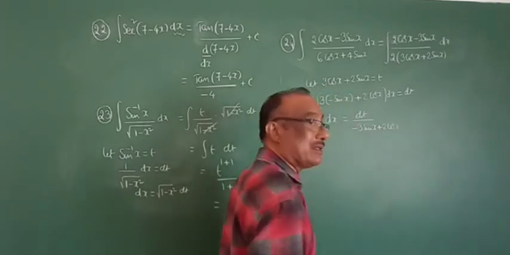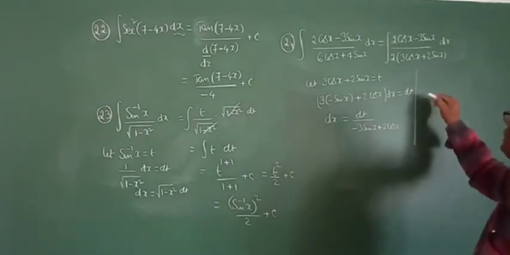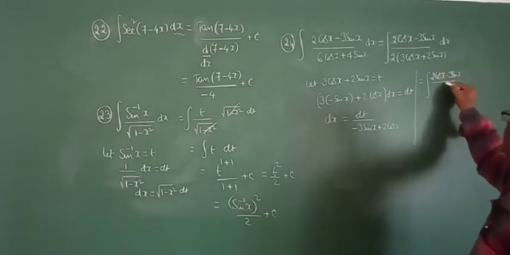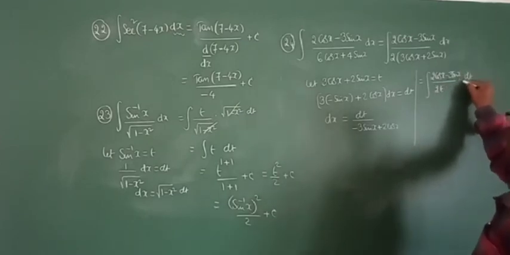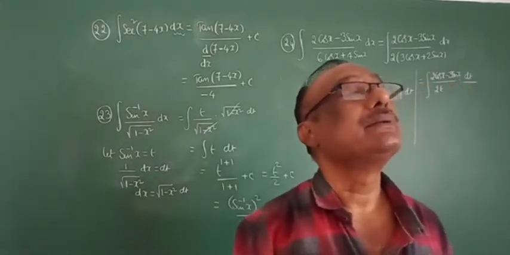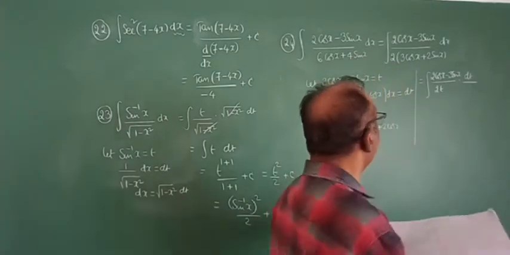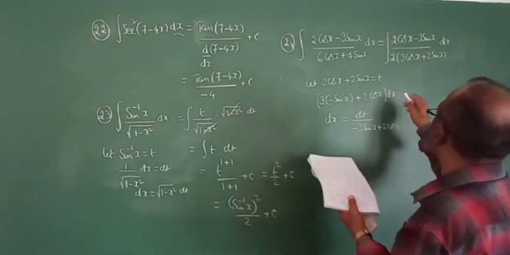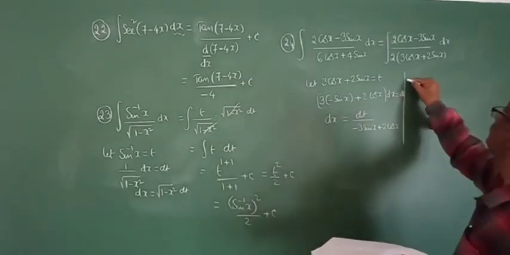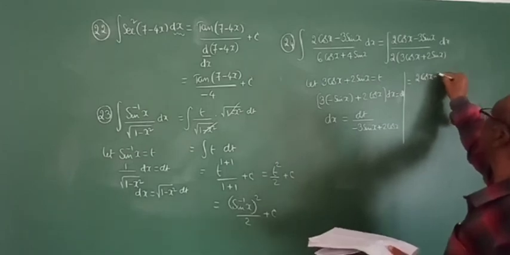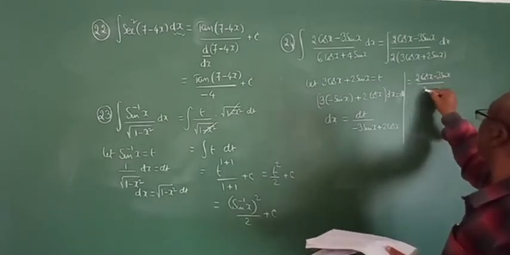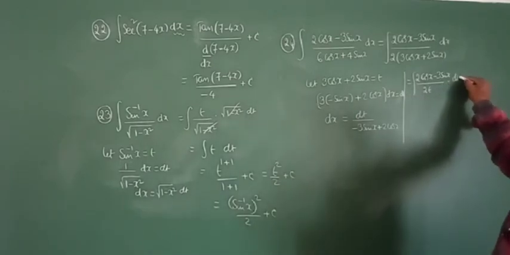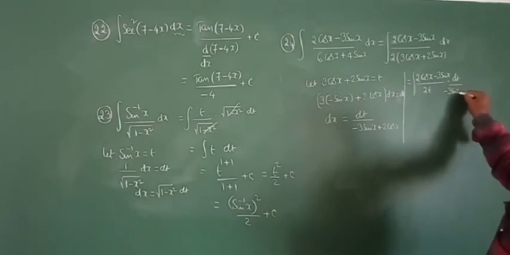Right, substituting into this problem first. The integral of 2 cos x minus 3 sin x by the denominator 2t, with dx equal to dt by minus 3 sin x plus 2 cos x.